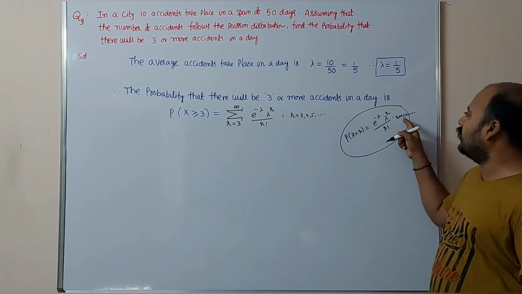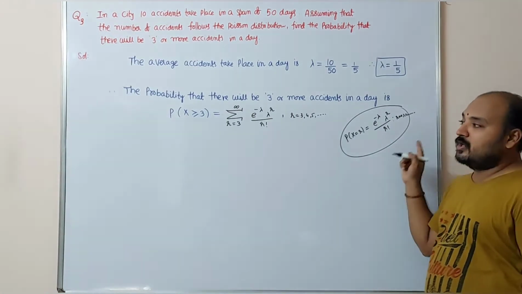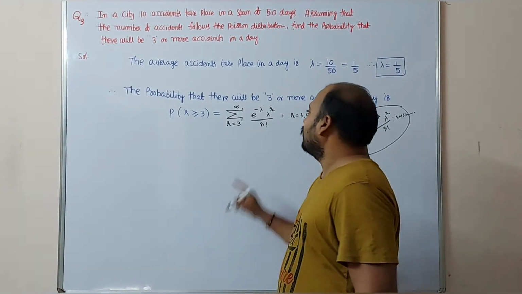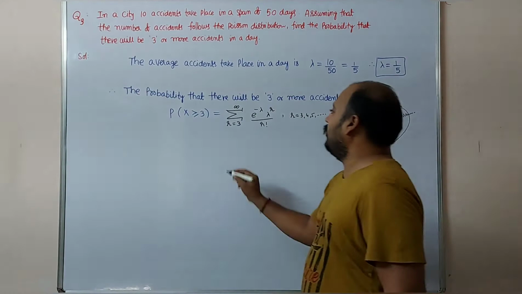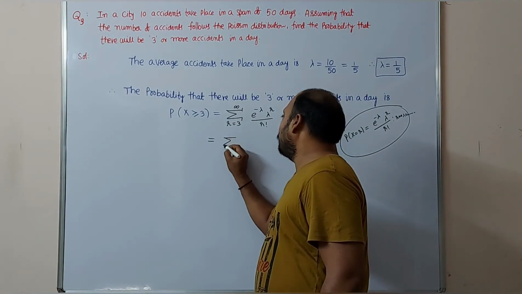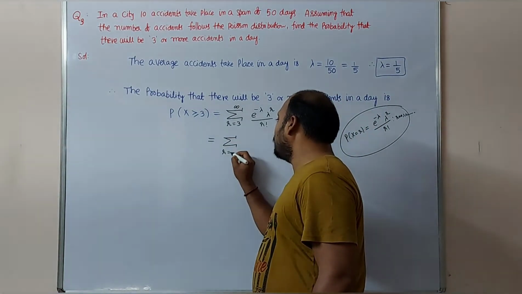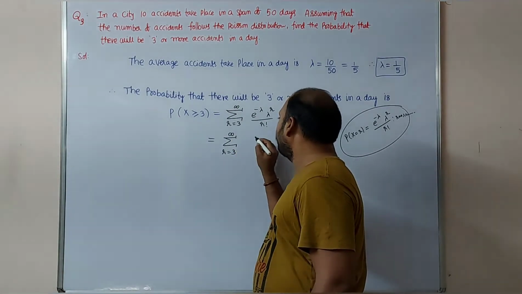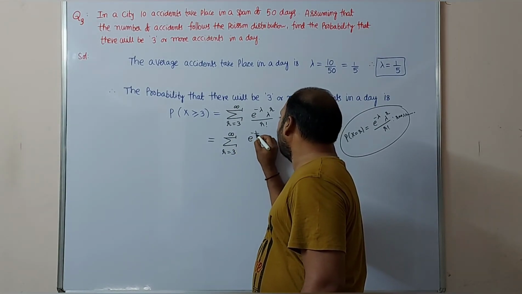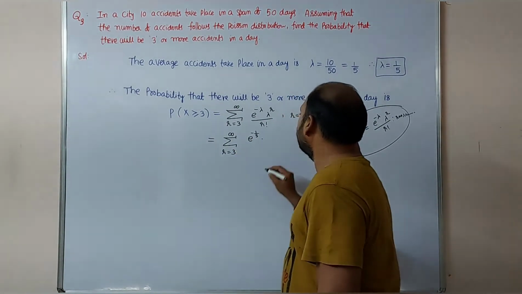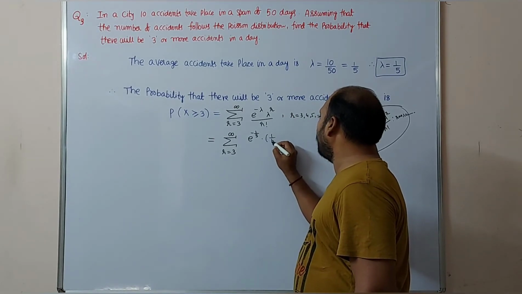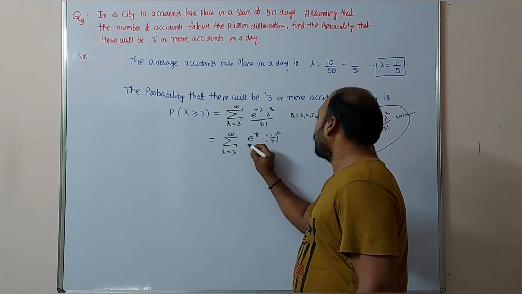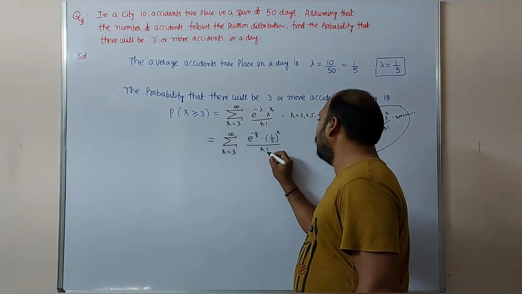This is the formula I wrote, that is 0, 1, 2, 3 and so on, but here start from 3. In place of lambda substitute 1 by 5. Summation r is equal to 3 to infinity e power minus 1 by 5 into 1 by 5 whole power r by r factorial.